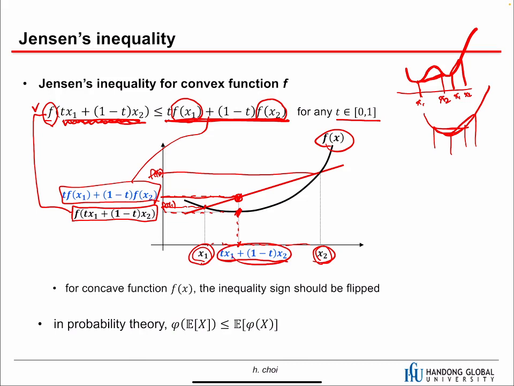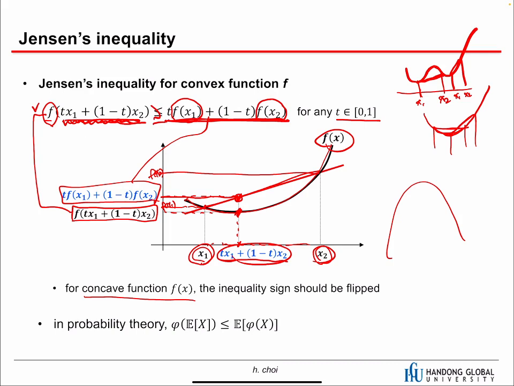Which means when the curve is like this, this one is always above this actual curve. And if the function is concave, if it is like this, then the inequality sign should be flipped. Like this.